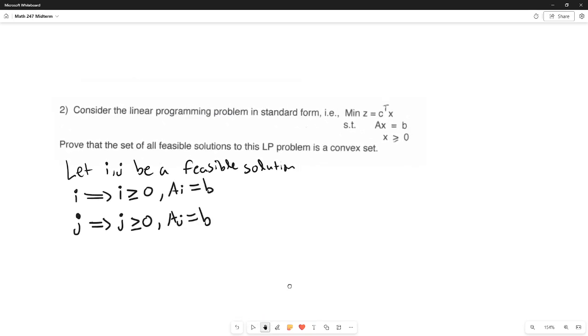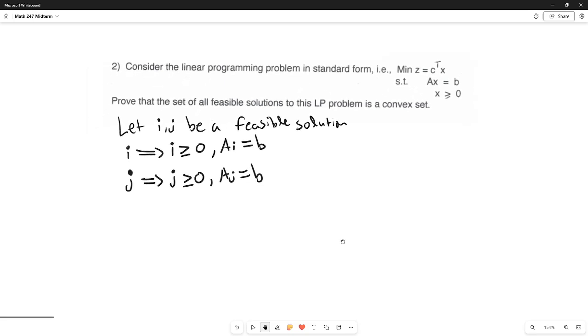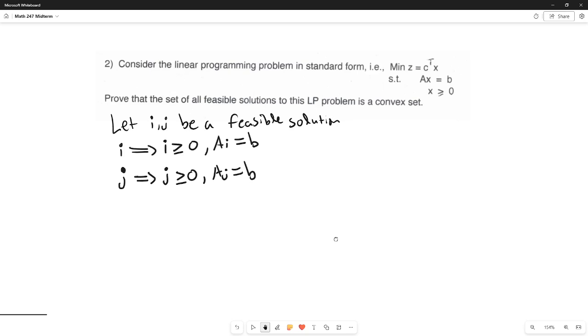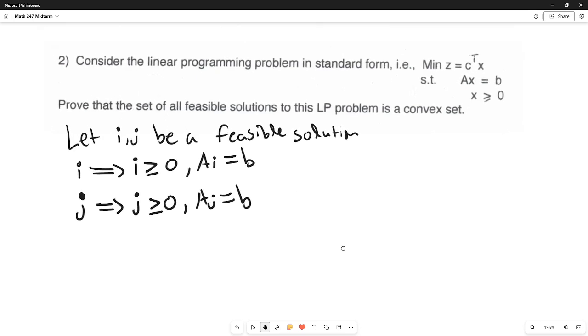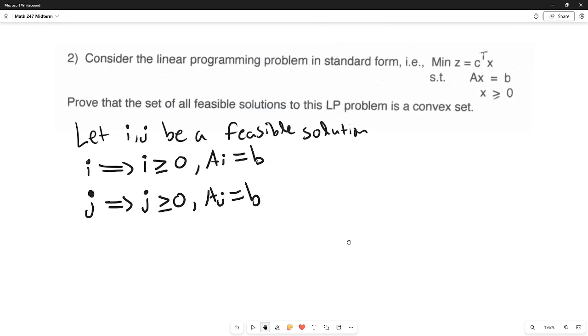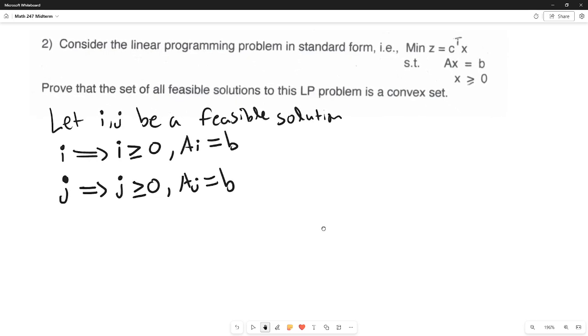All right. So, I'm trying to remember where I go from here. Oh yeah.